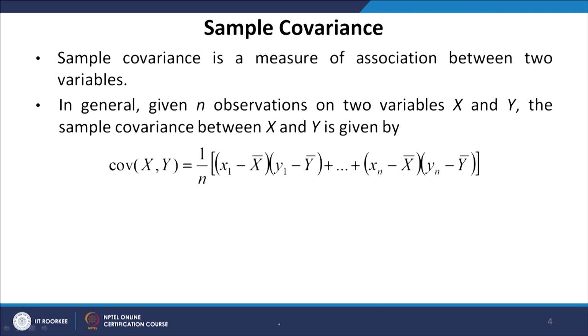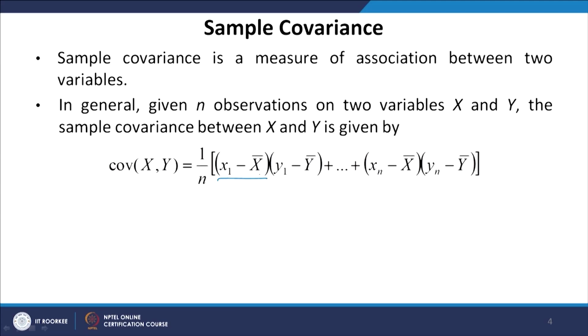So, we write covariance by the notation COV xy, which is equal to 1 by n, and then we sum up the multiplication of the deviation of individual values of x from its mean with the deviation of individual values of y from its mean. So, we have x1 minus x bar multiplied by y1 minus y bar and so on. Finally, xn minus x bar multiplied by yn minus y bar.